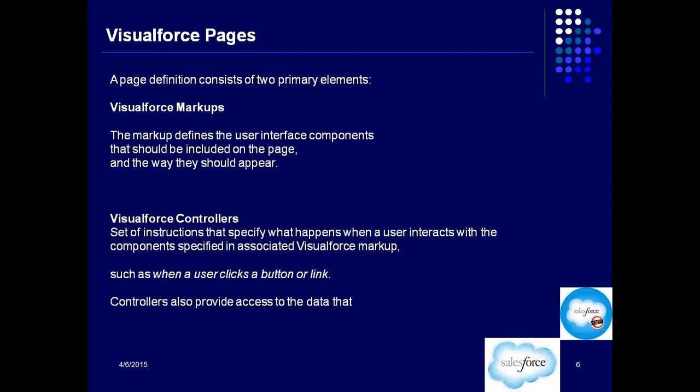If you're designing a page, it's not that the page will be used for displaying all the data of the company. So you can control what data is being displayed on that page, and that controlling is also done through a controller. The controllers also provide access to the data that should be displayed in a page.